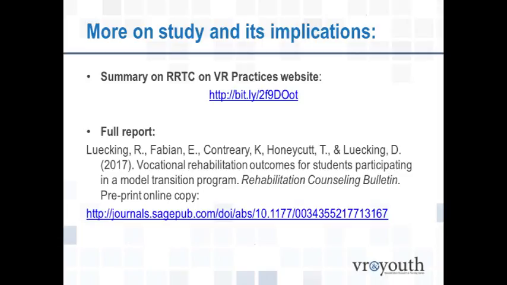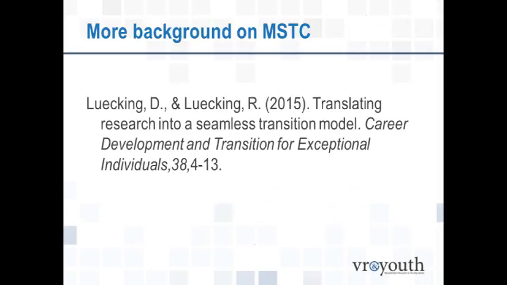So if you go to the next slide, just another piece of information might be useful for folks. We published an article earlier about what this model looked like, and we published that in the Career Development and Transition for Exceptional Individuals journal. And again, if you go to that website, this is the article and the issue and page numbers in which it exists in that particular journal.